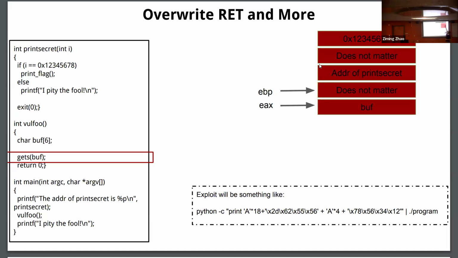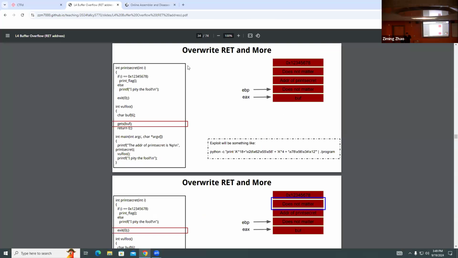Another 4 bytes will actually be the saved EBP for print secret, and the value doesn't matter. And higher than that, we should have 4 bytes of the parameter. The key here is this 4 bytes. You need it to do that. Any questions?